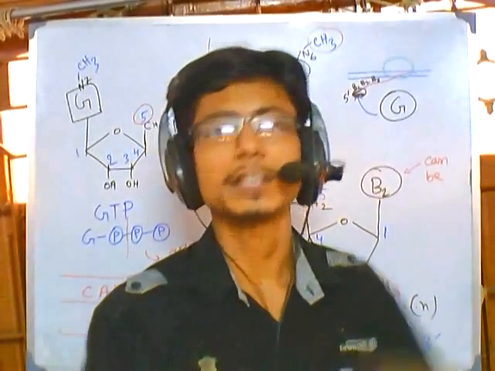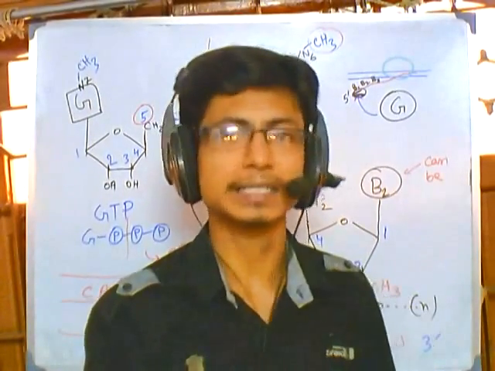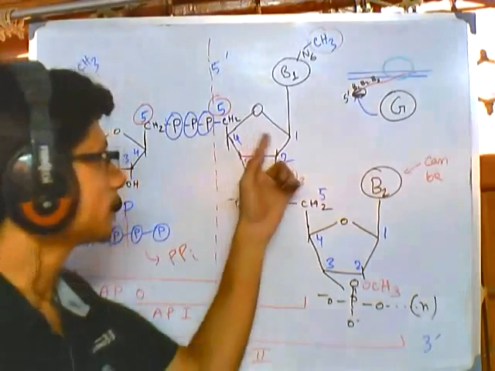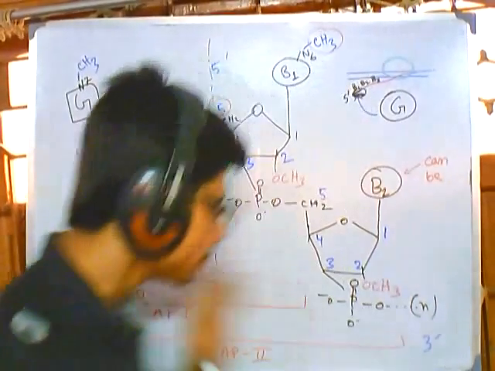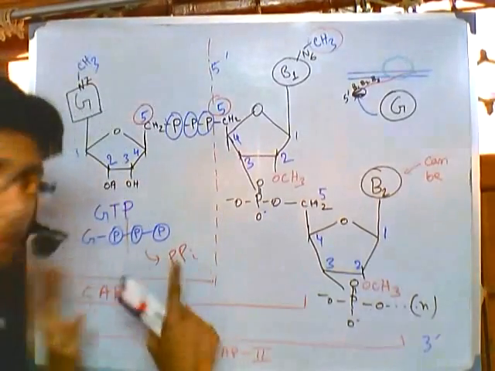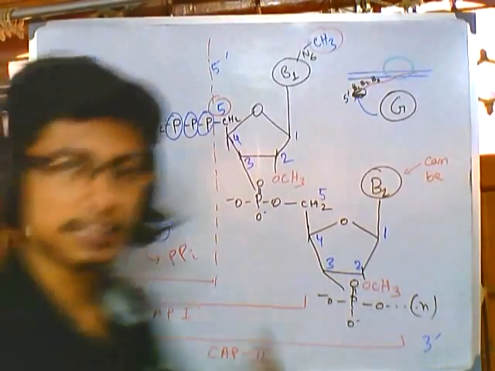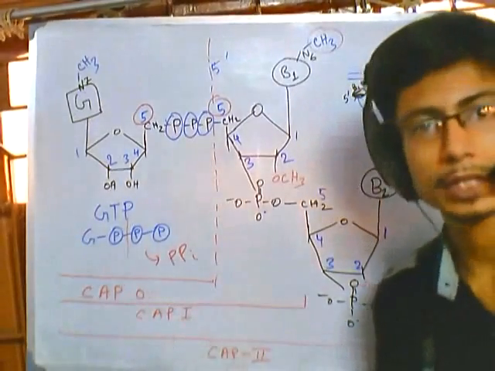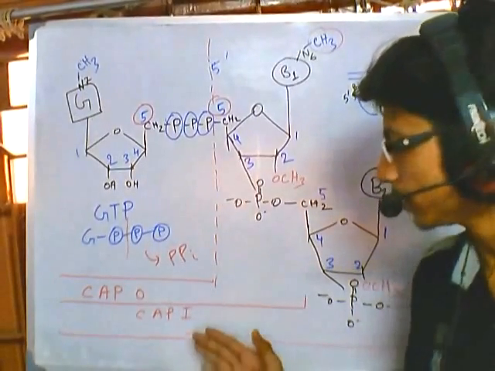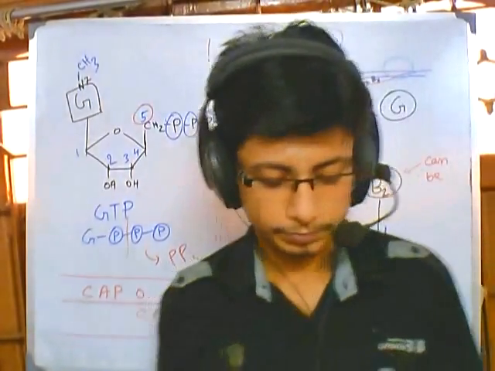Whatever further modifications take place happen in the first 2, 3 bases, not more than that. So usually we find cap 0 in most cases, but sometimes in some eukaryotic organisms we can find cap 1 and cap 2 structures, which are rare.